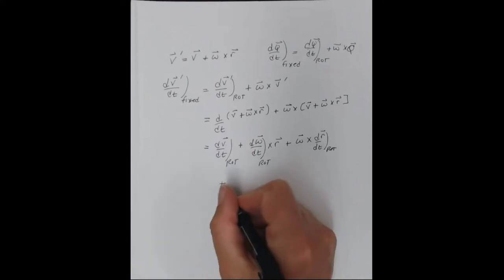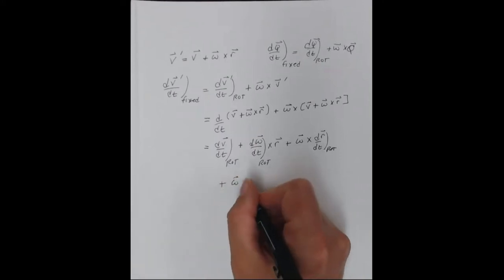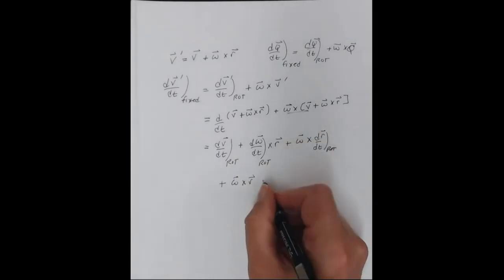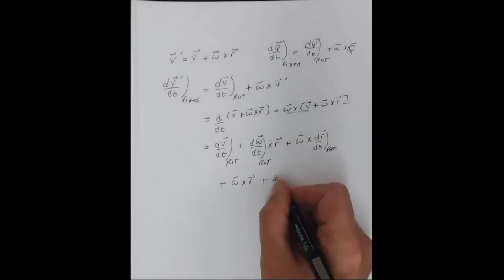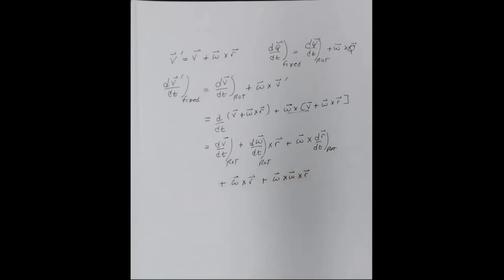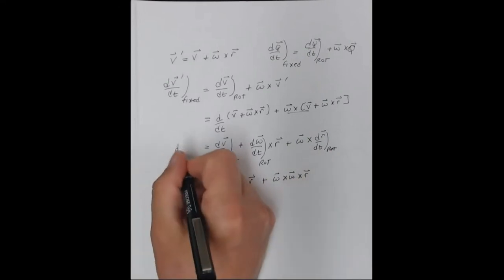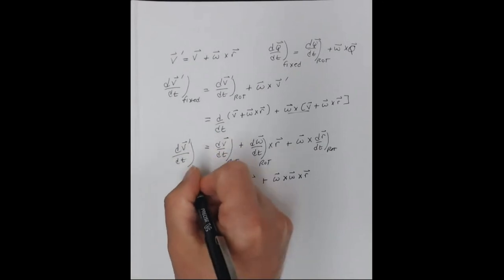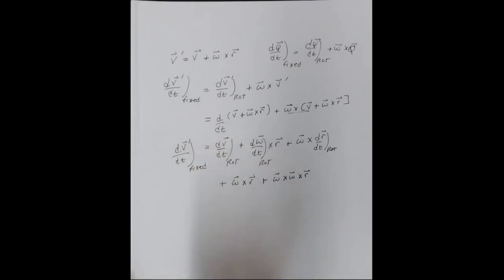Plus omega crossed v, that's this term right there, plus omega cross r. So boy, looks like we got a mess. Let's see what we can do with that.